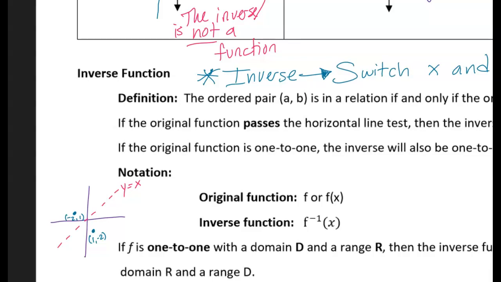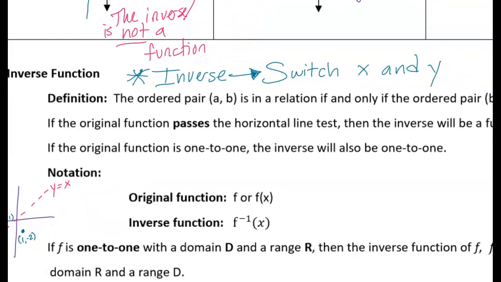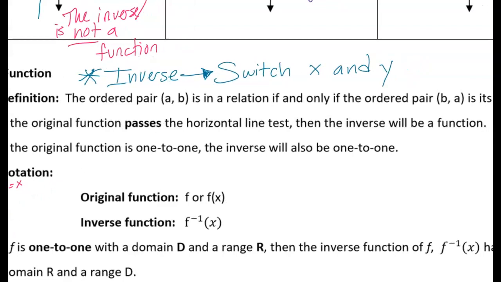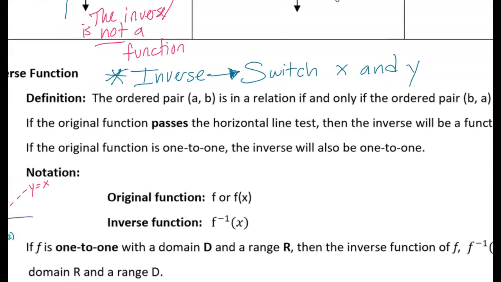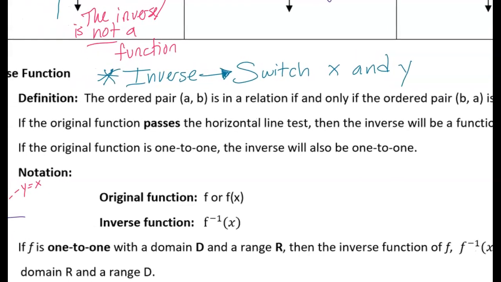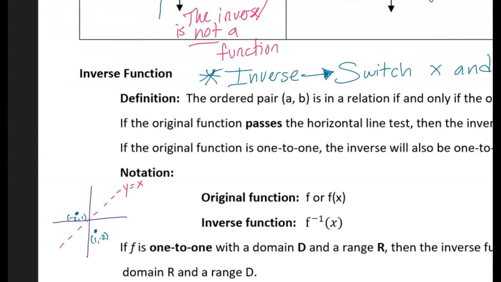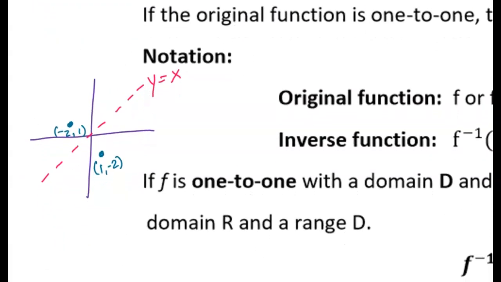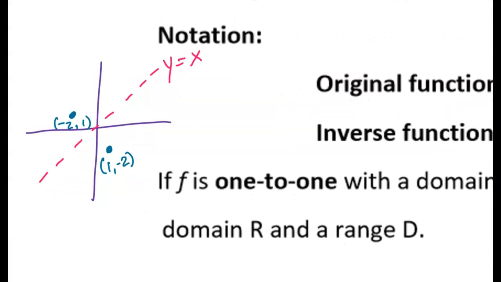Almost everything that has to do with inverses can be derived from the concept of switching x and y. And that's what this big definition is trying to tell you, that if you have an ordered pair (a, b), then the inverse pair is going to be (b, a). I don't know why they didn't just put switch x and y, but you know. Okay, also a little bit more about inverse functions.